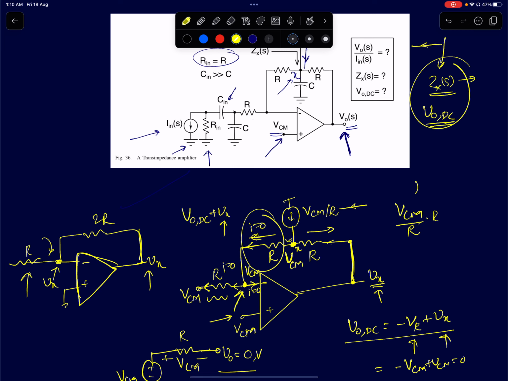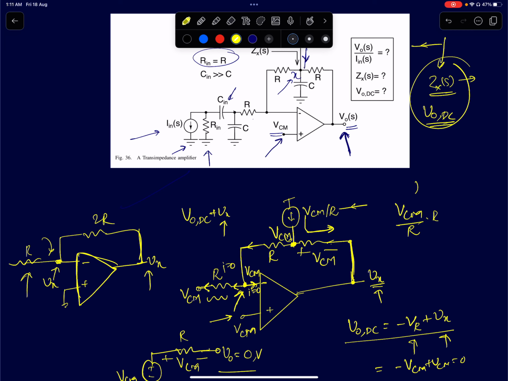This node is at VCM and no current flows into the op-amp and the resistor here. So therefore this resistor current is 0. Which means this entire VCM by R flows through this resistor. So the voltage drop across this resistor will simply be VCM itself. So this voltage will be VCM and the node voltage Vx is already at VCM.